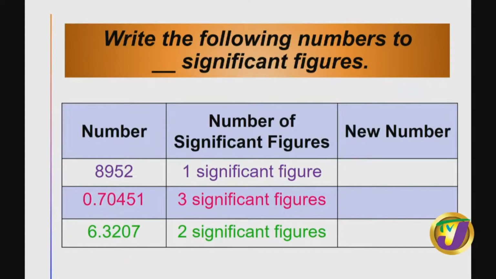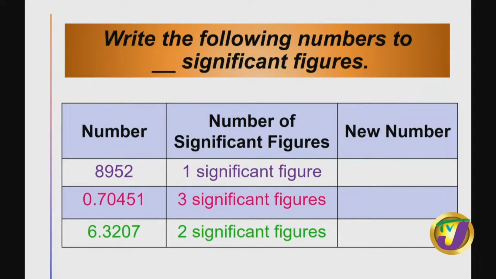Okay, so let's go again. We're going to start from our left and establish all the digits that are significant. What's the first digit that we have to our left? 8. So we're looking at the digit in our thousands place.